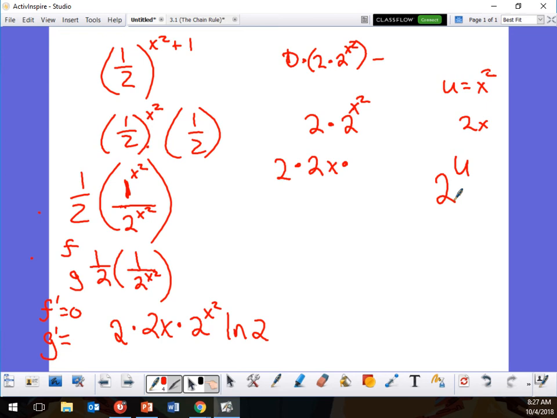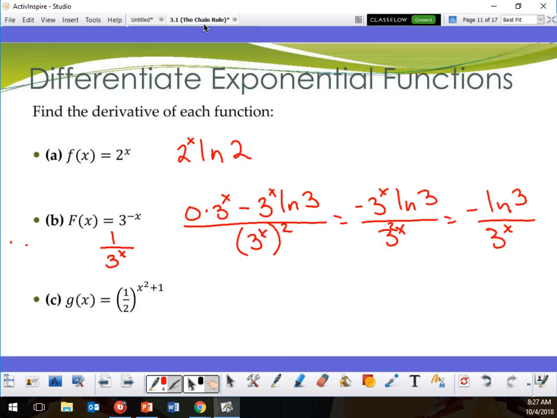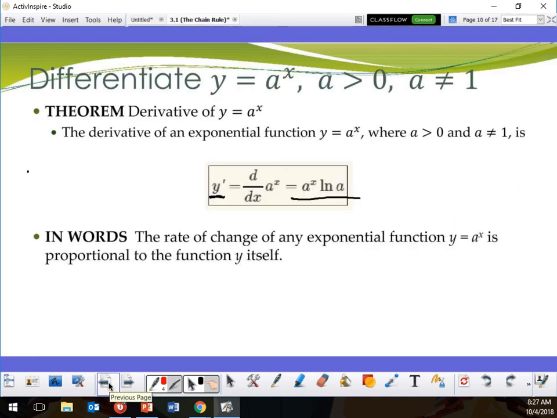So this 2 to the u is going to turn into, what was the rule for this one? What's the derivative of this? Right here, look. Derivative of this is going to give me this.